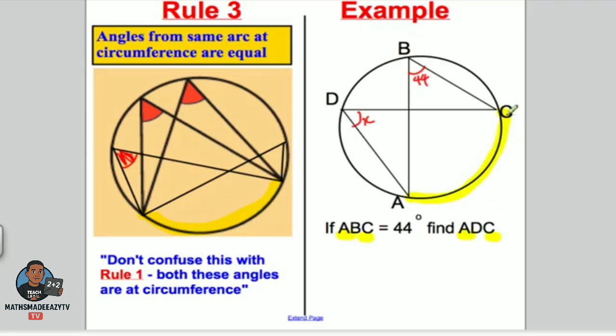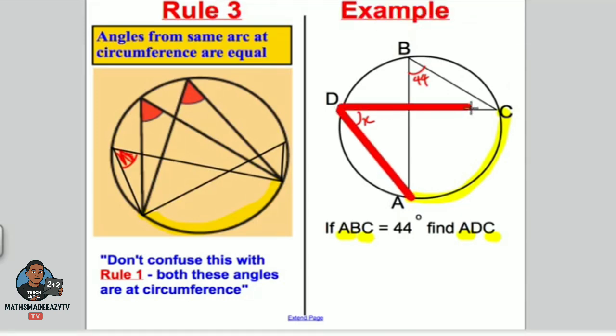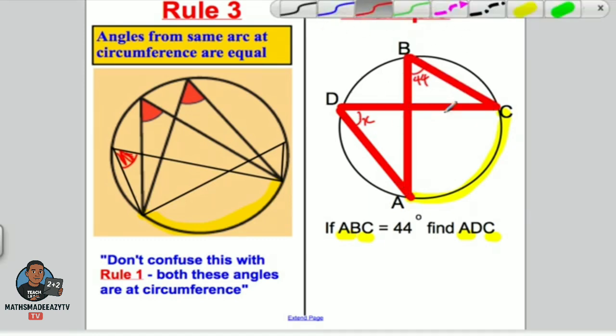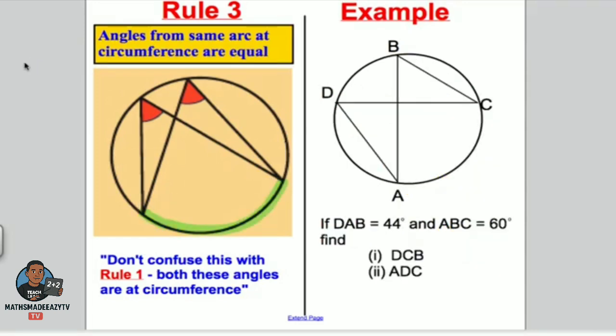So angle ABC and angle ADC should be the same. For clarity, let's draw the lines. It moved from this to this place, and it also moved from here down to this place. So automatically, angle X and that angle 44, because they fall in the same segment, are equal. So angle ADC is equal to 44 degrees.